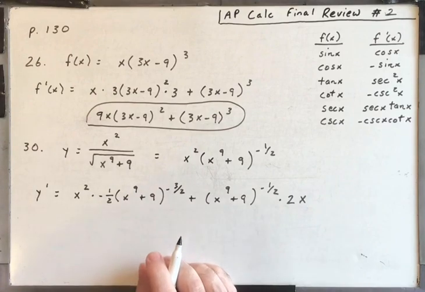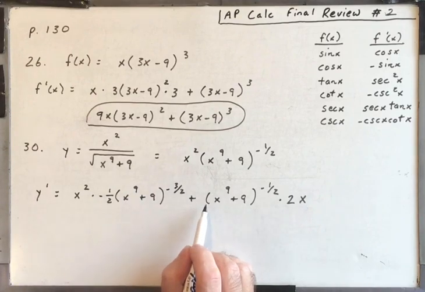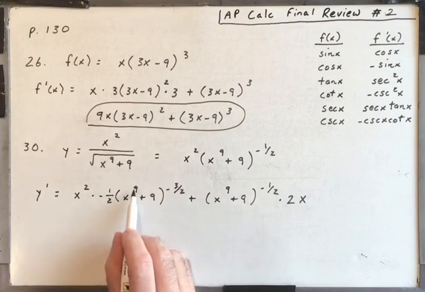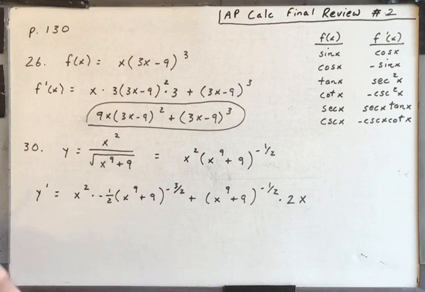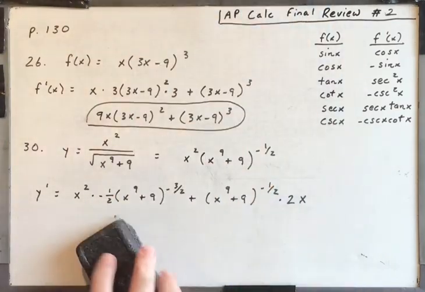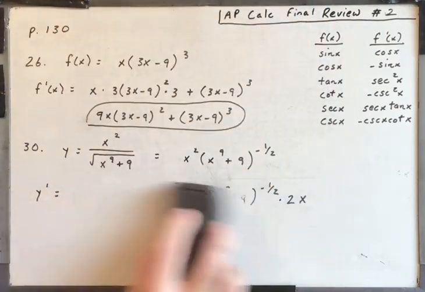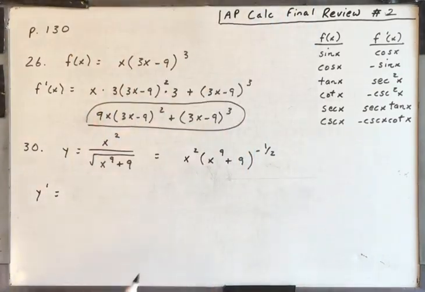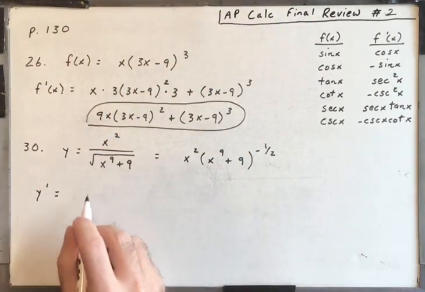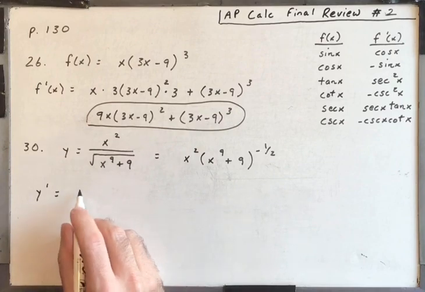Dadgummit. I forgot to multiply by the 9x to the 8th here. All right, so let me go through this one again. And it's good for me to forget to multiply by the derivative of the block, because that is probably the most common mistake on the entire test.